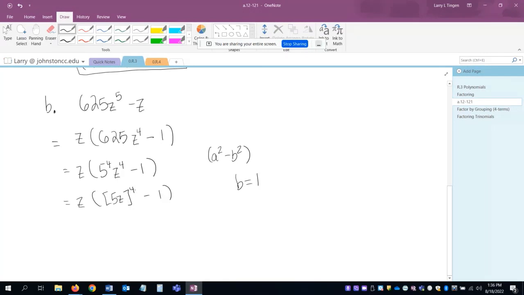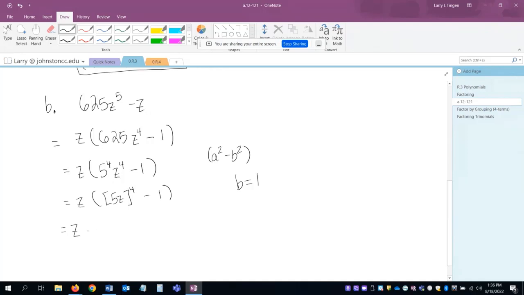How can I take something raised to the fourth power and make it a square? Square root? If I take the square root of what I have right now, what happens? I would end up with just a 2 up here, right?